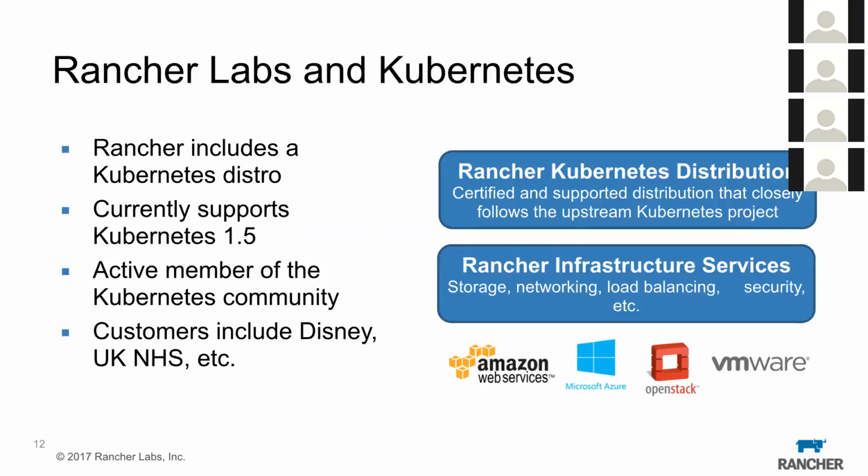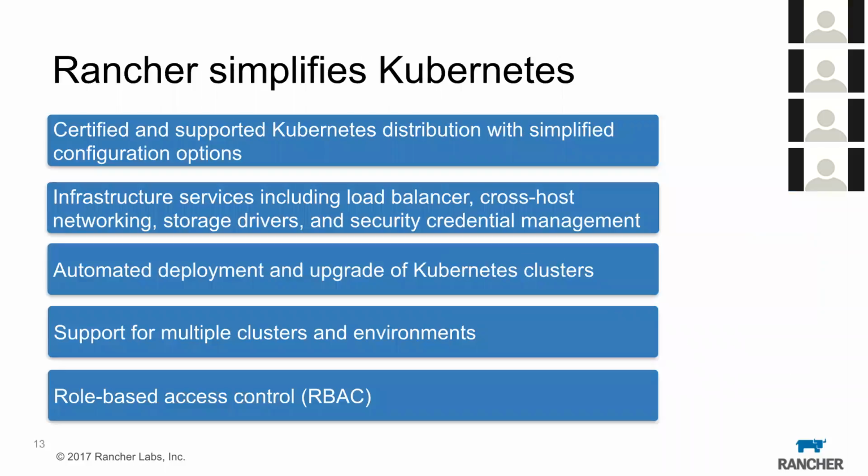And this is how we approach the Kubernetes integration in Rancher. Importantly, we test and certify every Kubernetes distribution that we push out to Rancher users. And we simplify the configuration. Kubernetes has hundreds of configuration flags, and this is really quite challenging, so we want to simplify configuring your Kubernetes cluster.